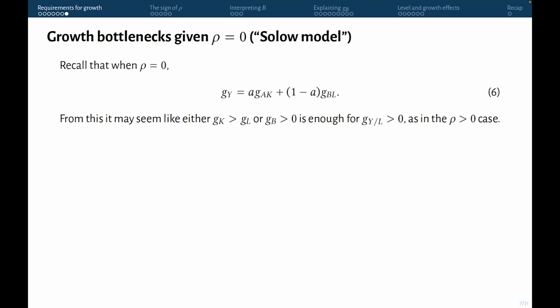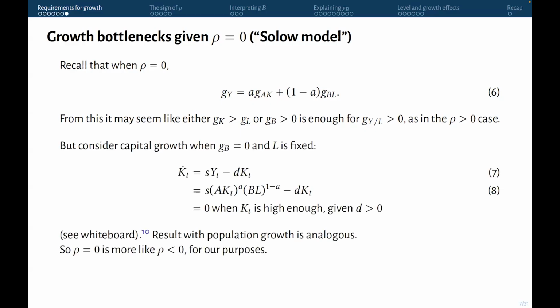And dividing through by L, like GY minus GL, either having capital grow faster than labor or having any amount of labor augmenting technology growth is going to be enough for growth in output per person.